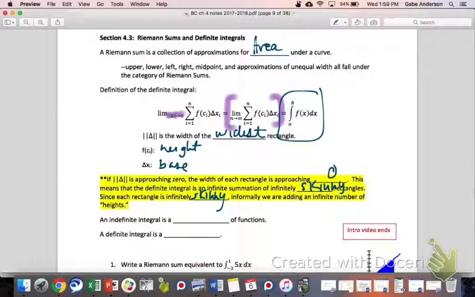Then an indefinite integral is a family of functions. What characterizes an indefinite integral? The plus c, right? So if you see a plus c, that's what we call either an antiderivative or an indefinite integral, and it's just a family of functions depending on what the c is. The c could be all kinds of stuff, so it's this grouping of functions. Whereas a definite integral, where you've got the limits like a and b on there, is not a family of functions.